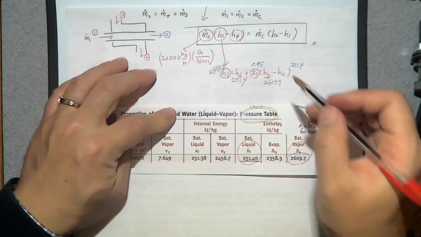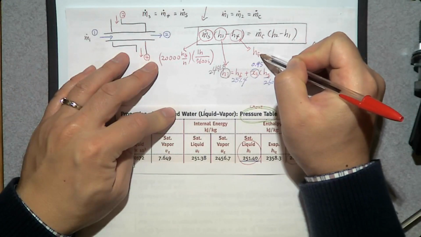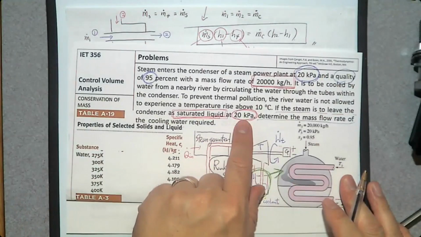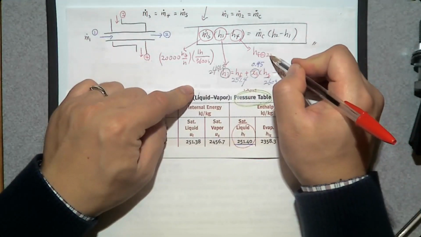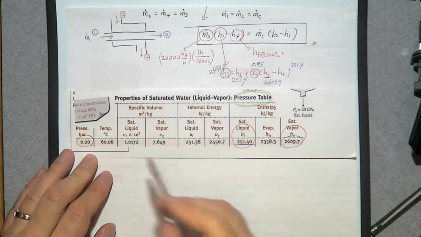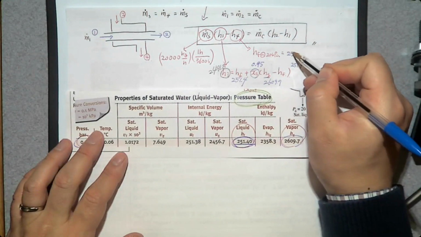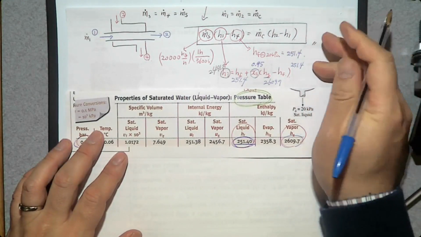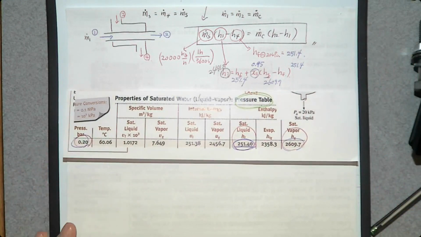That H is going to be H of saturated liquid. At what condition? At 20 kilopascal. HF at 20 kilopascal. So what is HF at 20 kilopascal? At 20 kilopascal, this is HF, 251.4. So we know everything on the left-hand side of this equation.